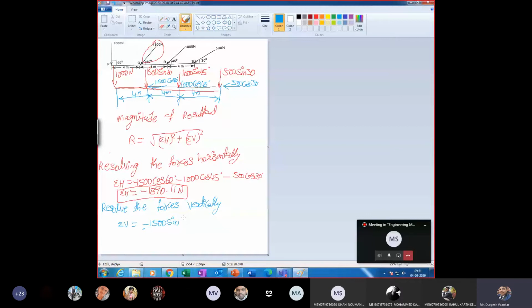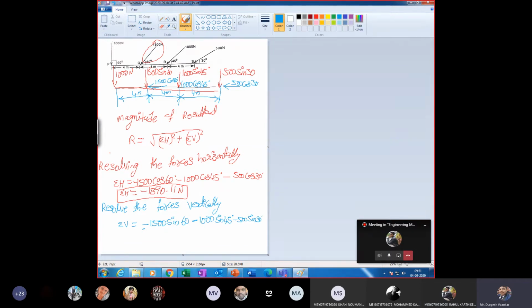Sine 60. Next, minus 1000 sine 45. Next, what about this one? Minus 500 sine 30, not cos. Now the 3 inclined forces are completed.